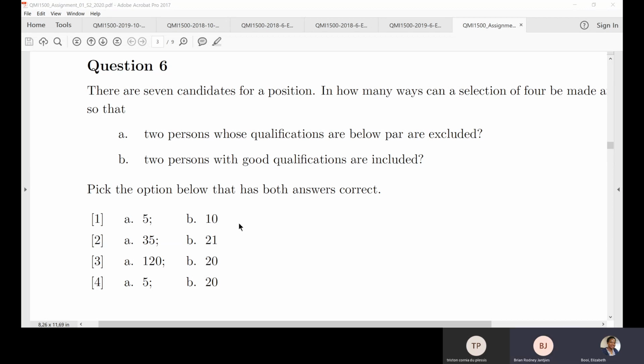Then we're going to look at proportions and ratio. I think proportion and ratio go together. And then we're going to look at the counting rules. And lastly, we will do the financial time value of money.